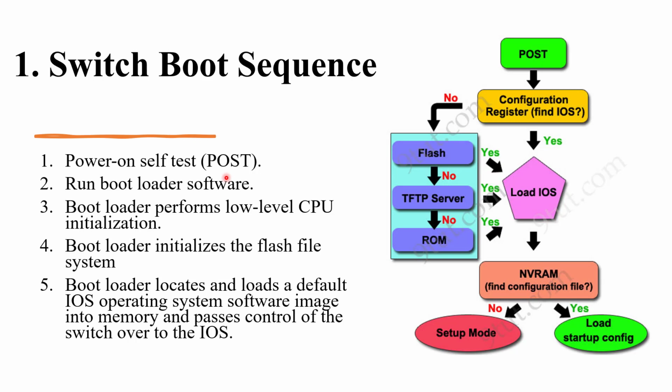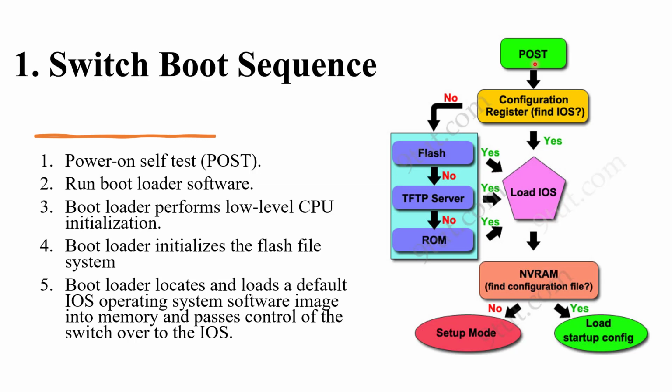For example, if you switch on your computer, the first step is POST. In the power on self test, your PC will check the keyboard, the monitor, the mouse, the RAM, the hard disk. The device checks all the internal components to see whether everything is connected properly. If anything is not connected properly, it will give you an error message. That is the power on self test.